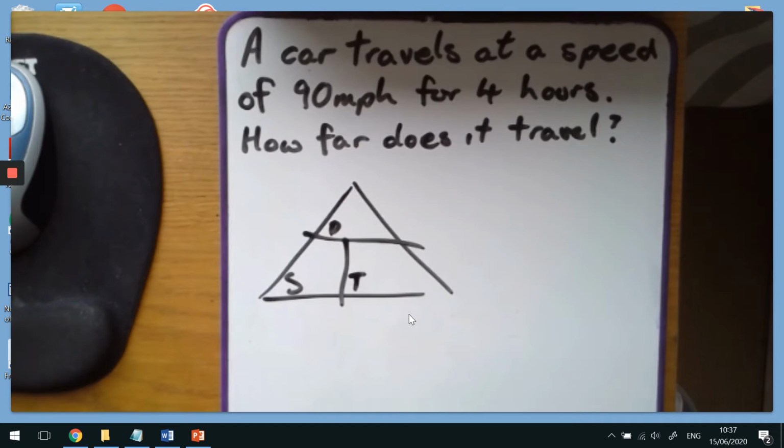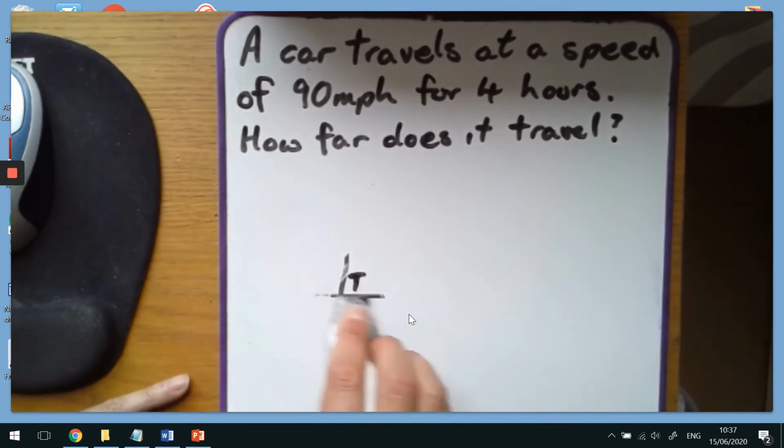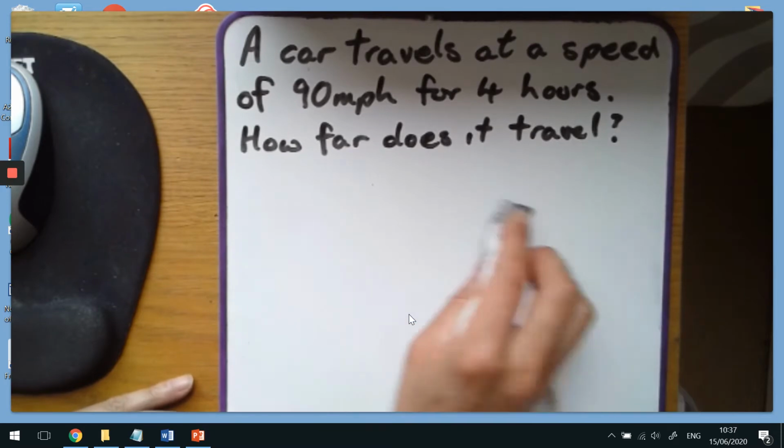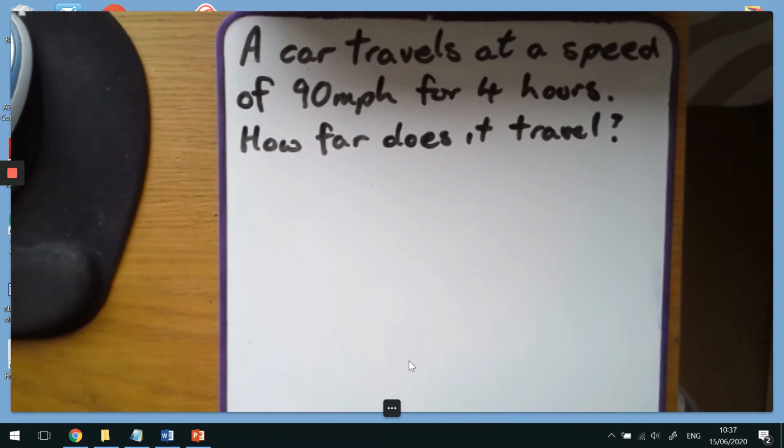So we're going to show you this method using a ratio table. It all works out the same, but we find it works a lot better for most students. It's often very difficult to know whether to do the multiply or the divide and to remember the formula. This takes all those problems away.